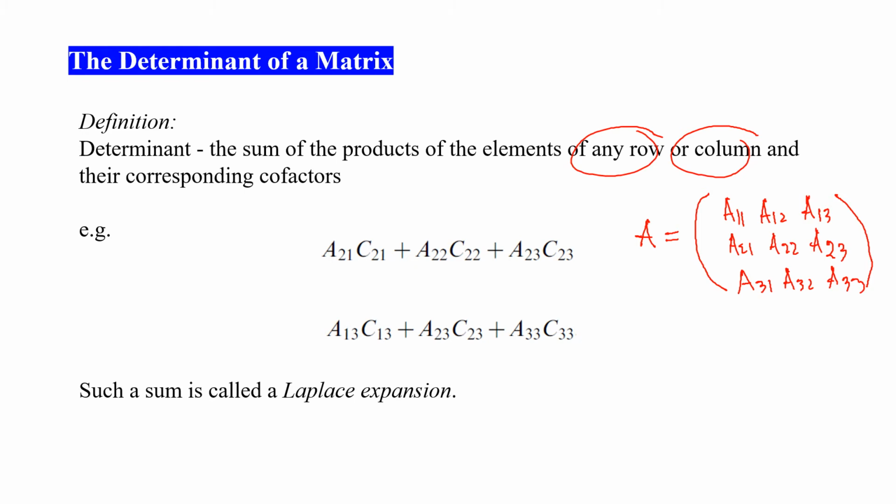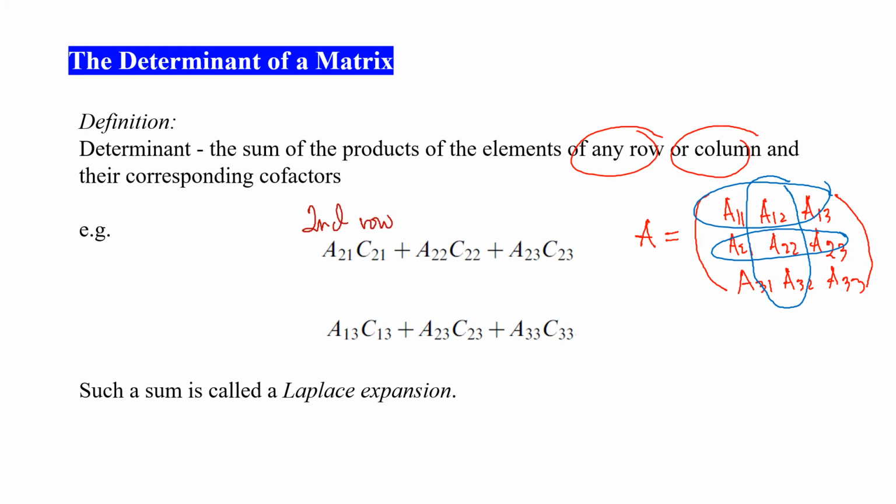So to get the determinant, you can choose any row or any column. Say, for example, I can have this one, or this one, or this one here. I just select any column or any row, and then I get the cofactors of the corresponding elements. Say, for example, I choose the second row.